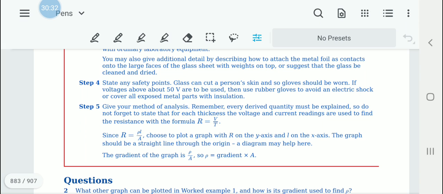Then finally you write the method of analysis. That means every derived quantity needs to be explained.